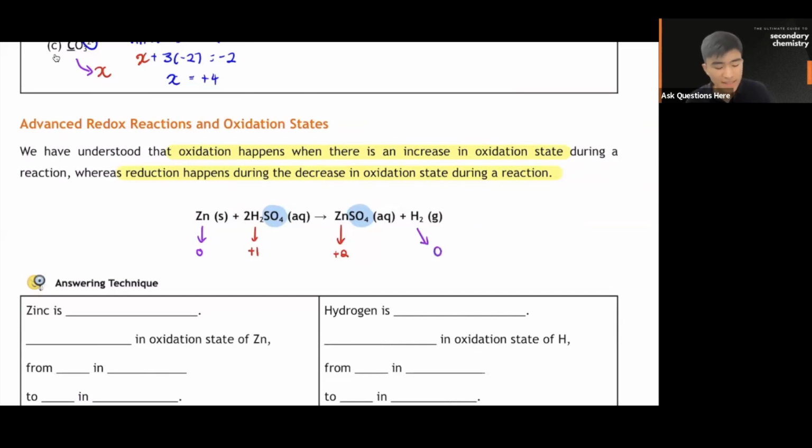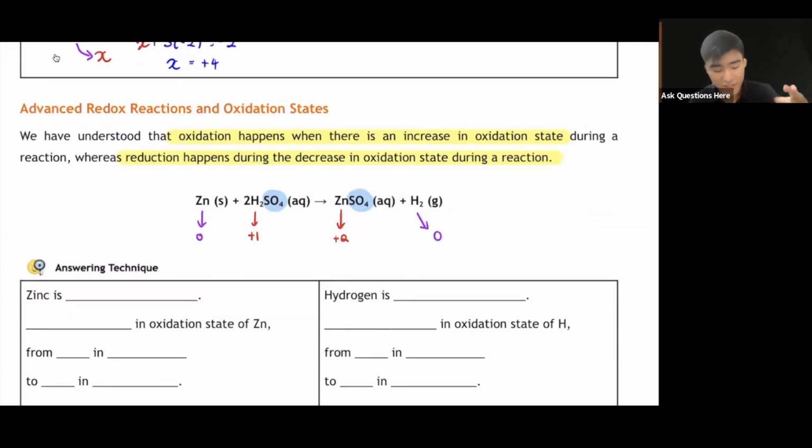So let's write out the changes in oxidation state. You can see that zinc, from before the arrow to after the arrow, has undergone oxidation, because there is an increase in oxidation state.